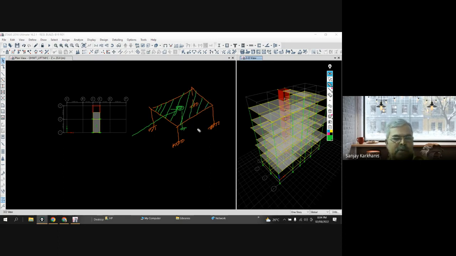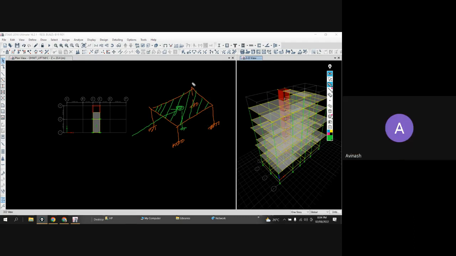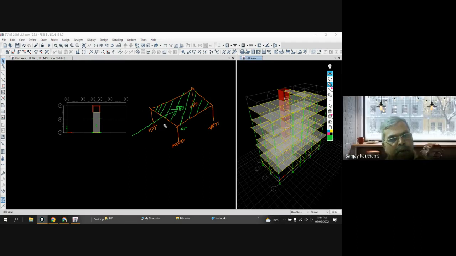Now you want the entire mass to move in this direction or in this direction, just like this. Or like this. So the entire floor will be considered as a rigid body.